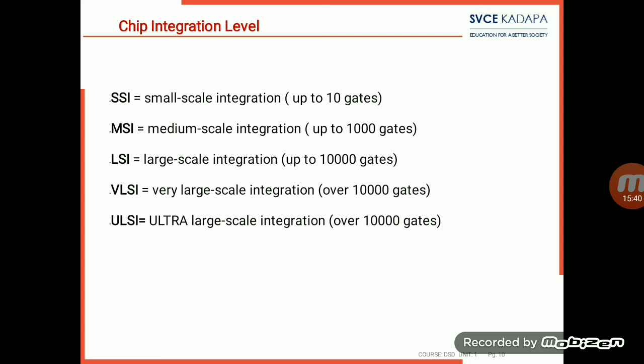VLSI means over 10,000 to 1 lakh gates are integrated within a single silicon wafer. Ultra large scale integration means over 1 lakh gates are integrated within a single silicon wafer.